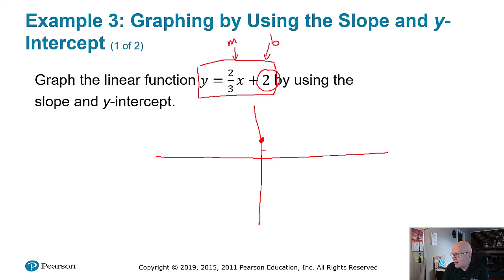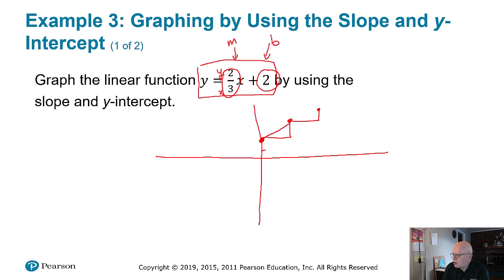How do I get a second point? Well, the slope is 2 over 3, so that's the rise over the run. So remember, these are x values down here and y values here. So start from the point you already have, go plus 3 because you've got 3 in the denominator, and up 2, you've got another point. You want another one? Over 3, up 2.